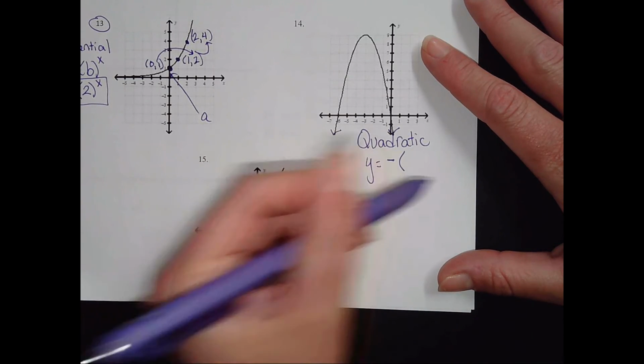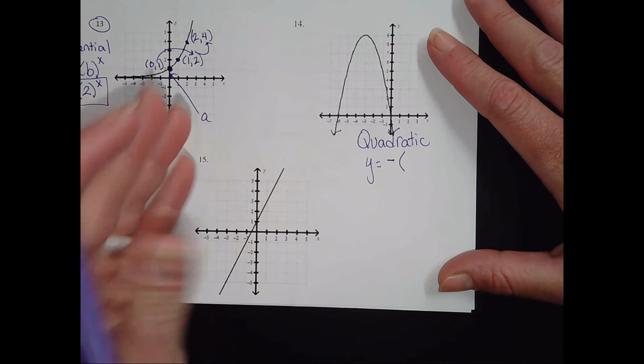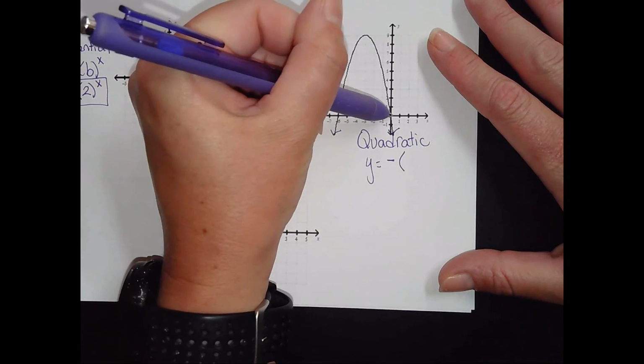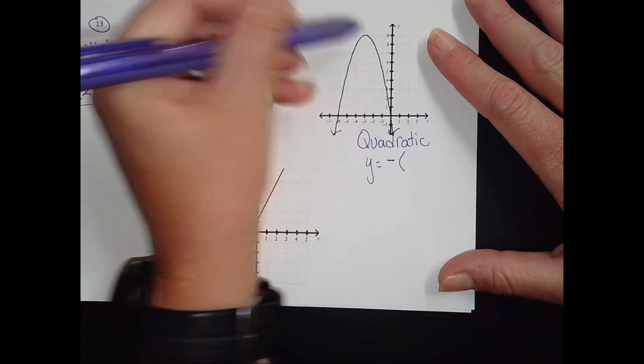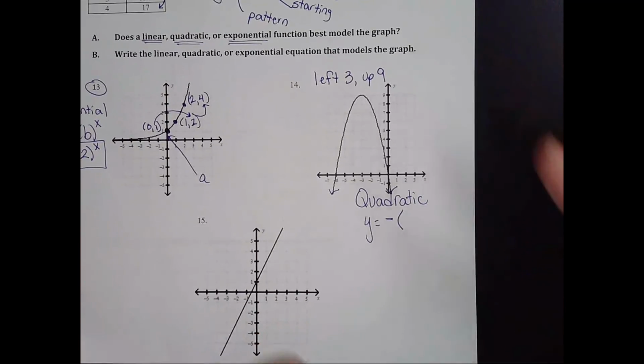When you are writing your equations for these quadratics, you have to figure out how it translated. How did your vertex move? So this vertex moved left 3, up 9. Now, how you write in an equation left 3, up 9 is a little bit different.